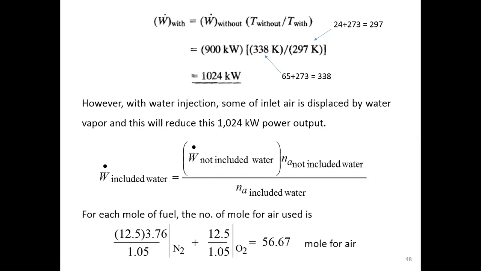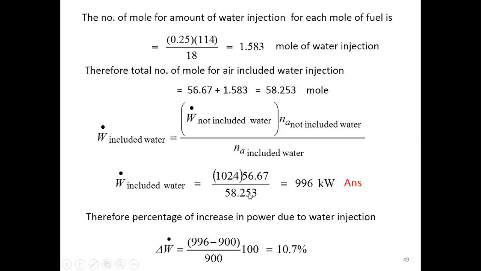So they want to calculate more clearly that here you think about the same old combustion analysis, but in fact you inject the water in here, so the number of moles of air is displaced by that water. You have to take that into consideration, and that means you have to come up with this relationship. This relationship tells us that you have to calculate the number of moles of air when there is no water and the number of moles of air when it includes water.